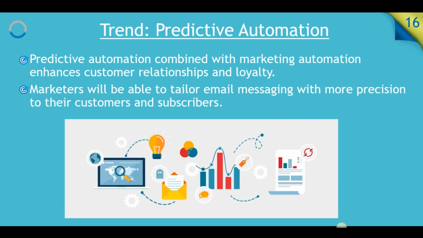So if you know, for instance, that the person is ready to make a purchase that week, and you send them the exact email that talks about the action they need to take to make that purchase, that's amazing. I mean, that would increase conversion by so much that predictive will be the key for the future. And this is implemented in a lot of ways now in things that you currently use. So marketers will be able to tailor email messages to be more precise. So that's exactly what I was mentioning right now, that the messaging could be really tailored for these people.